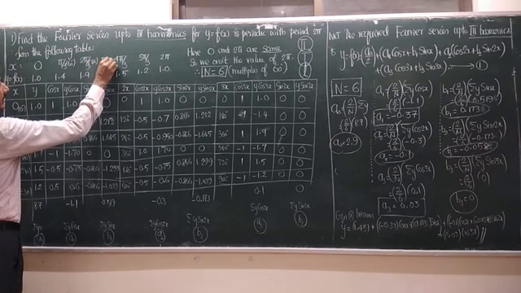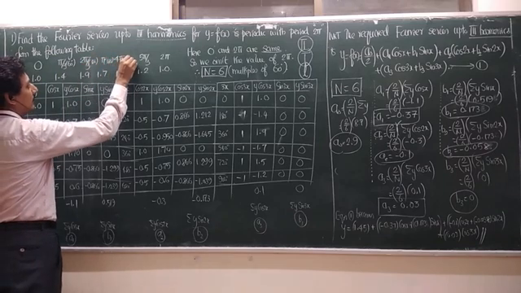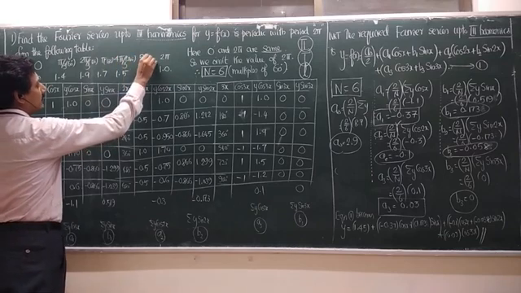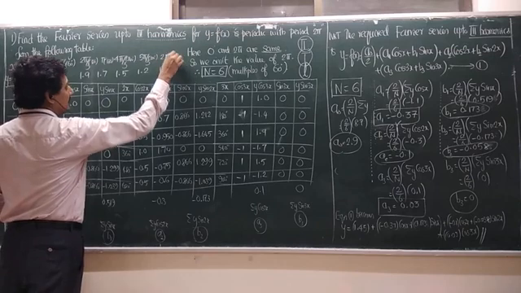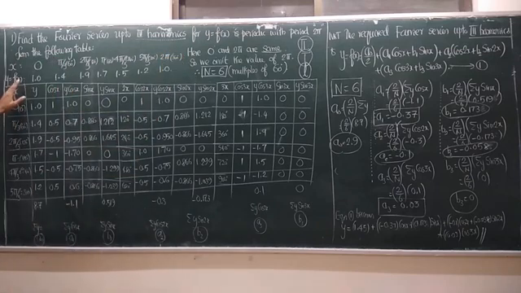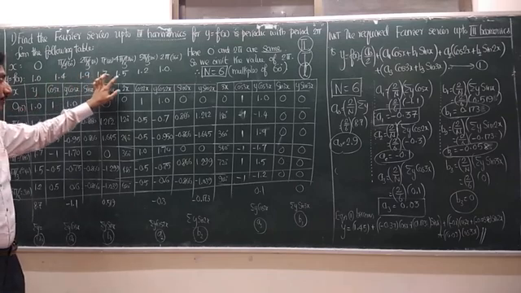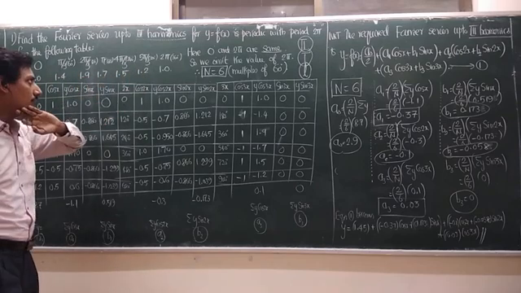Pi, 180 degrees. 4 pi by 3, 240 degrees. 5 pi by 3, 300 degrees. And 2 pi, 360 degrees. The corresponding y values are 1.0, 1.4, 1.9, 1.7, 1.5, 1.2, 1.0.